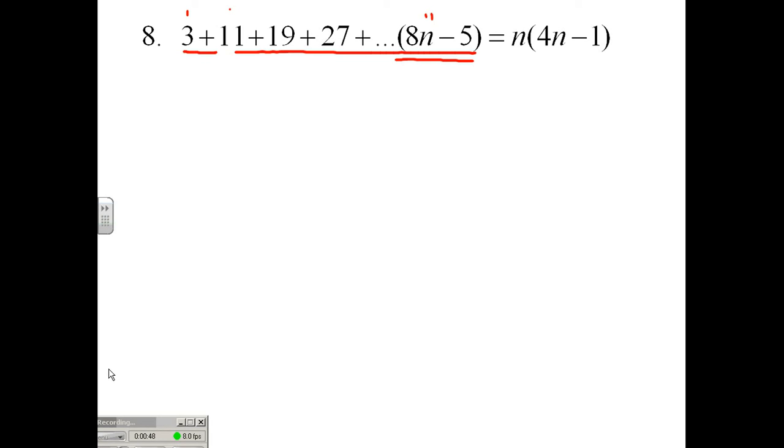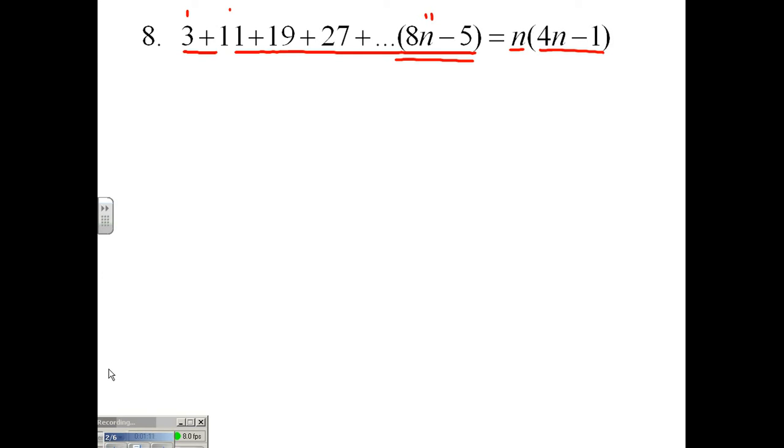So that's what generates our terms. I've been studying this sequence, and it seems that every time I get a sum, the sum is equal to n times 4n minus 1. I'd love to be able to say that this works for all positive integers, but I don't have time to prove it for all positive integers, so I'm going to get the domino effect going.